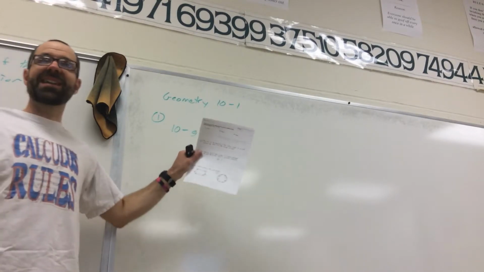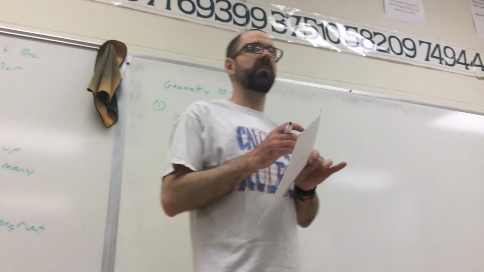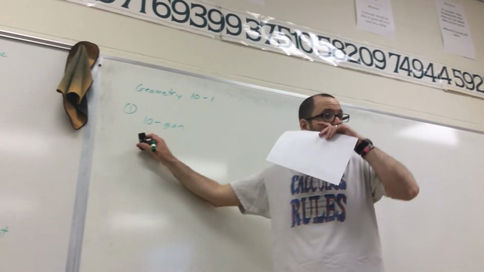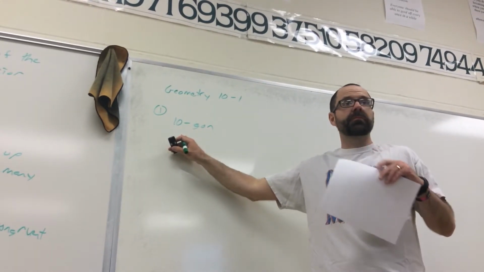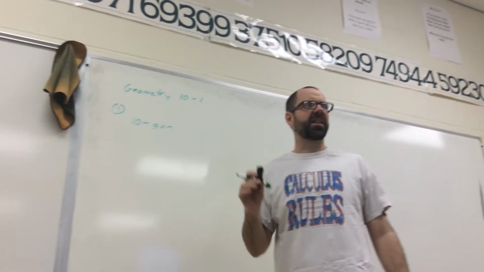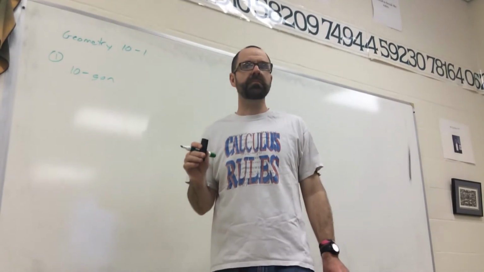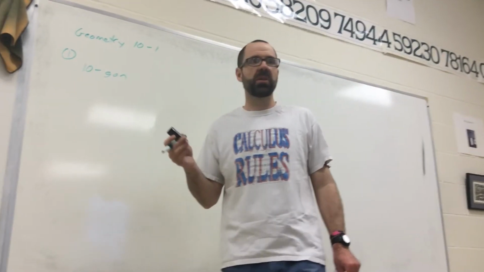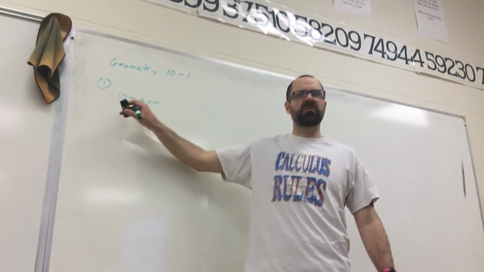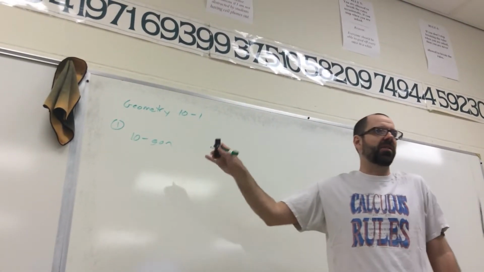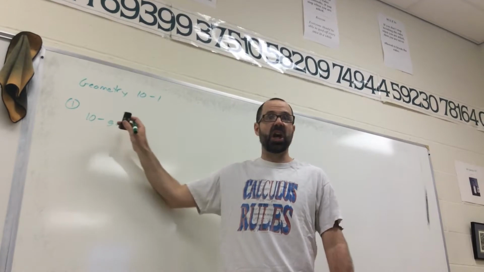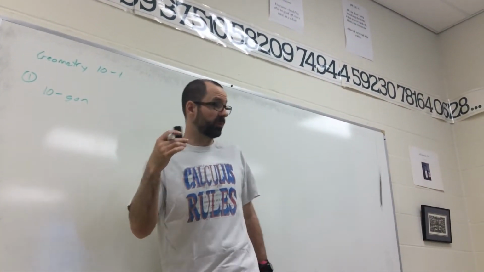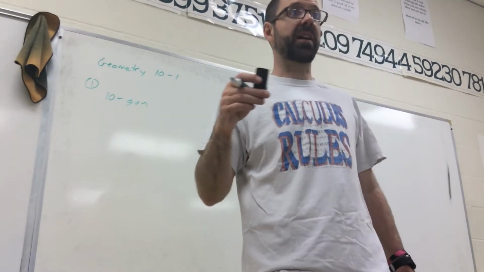Number 1 is talking about a tengon. That means it's a polygon that has 10 sides. What's the name of a polygon that has 10 sides? Decagon. Good. So this number 1 could have written down decagon, and they would have been saying the same thing as a tengon. All right, so number 1 is talking about a polygon that has 10 sides.